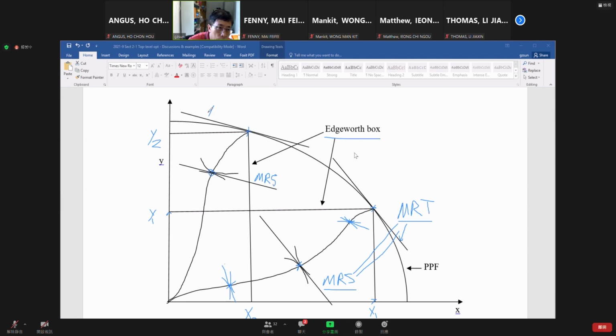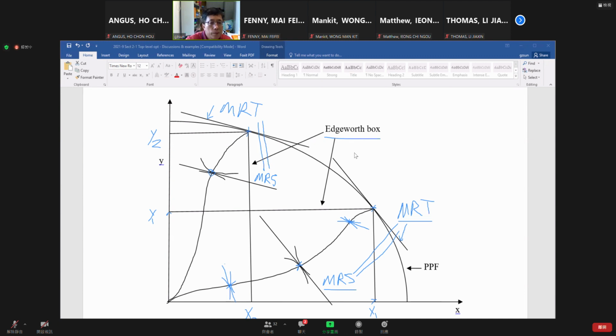This is the hard thing about the technology stuff, the marginal rate of transformation. Usually we have only one point on such a curve such that this slope is the same as this slope. They are the same.